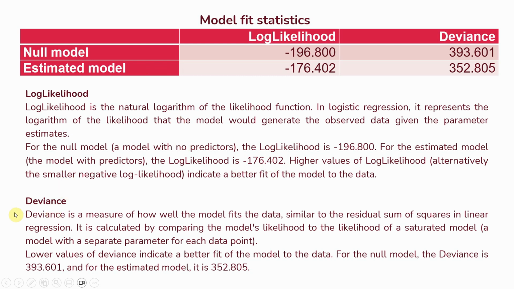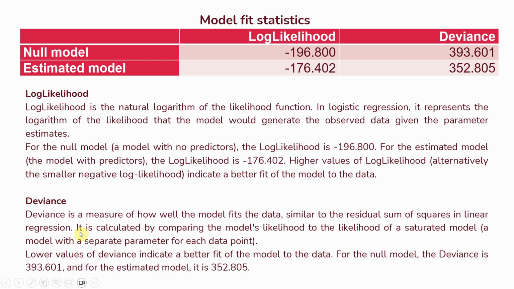The other model fit statistic is deviance. Deviance is a measure of how well the model fits the data, similar to the residual sum of squares in linear regression. It is calculated by comparing the model's likelihood to the likelihood of a saturated model, a model with a separate parameter for each data point. This is too technical. We do not need to get into detail as to what it means or how it is calculated.